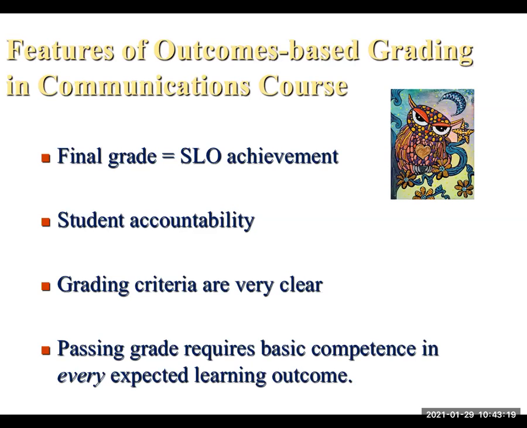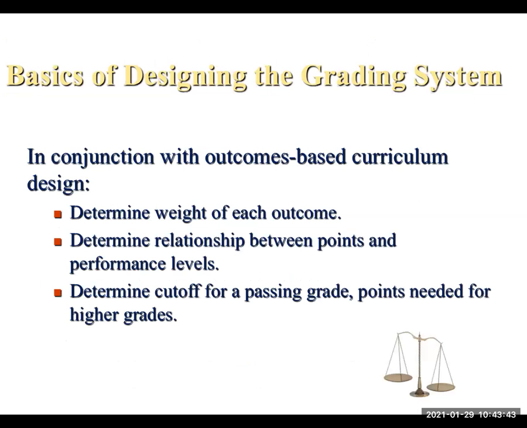In an outcomes-based instruction and grading paradigm, the final course grade is tied to the level of achievement for each outcome. For this course, students provide evidence of achievement and monitor their performance in a portfolio. Grading criteria are very clear, and a passing grade requires basic competence in every expected student learning outcome.